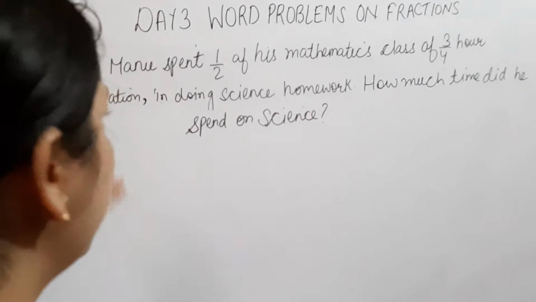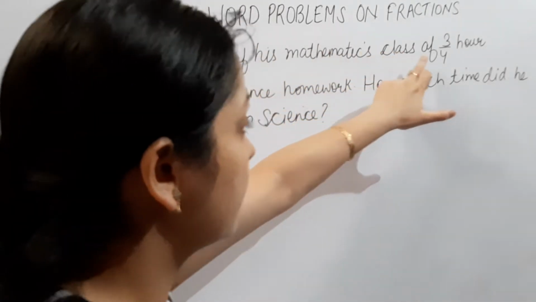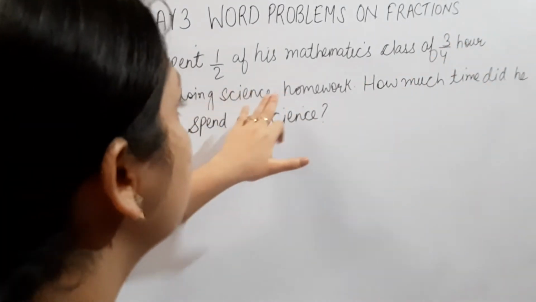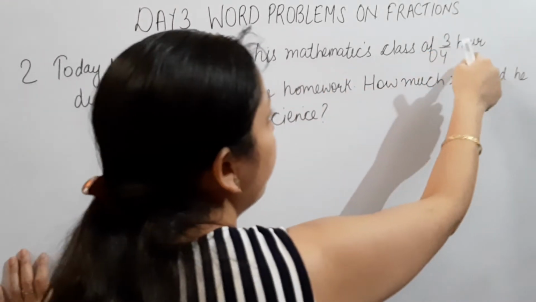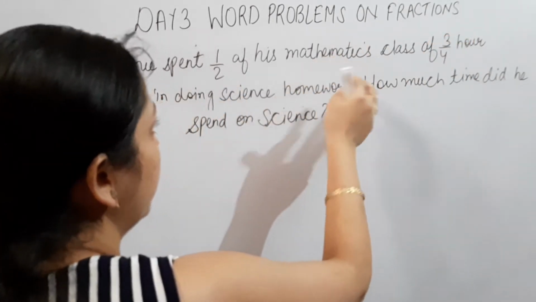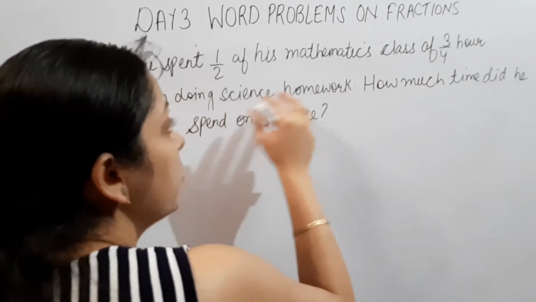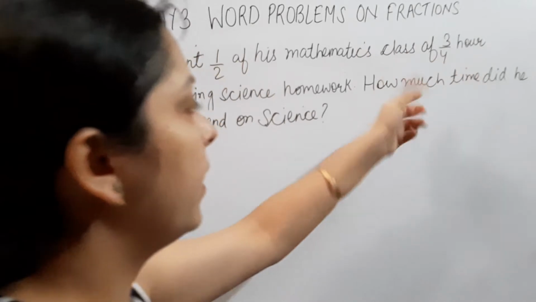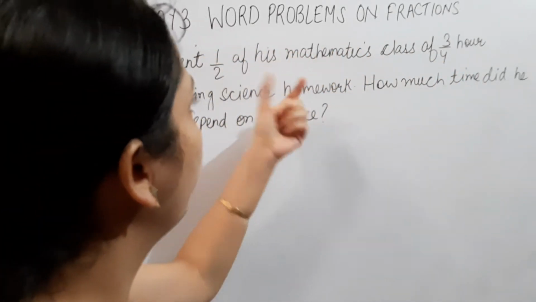See what the question says. Manu spent half of his mathematics class of 3 by 4 hour duration in doing science homework. See, duration of mathematics class is 3 by 4 hour, and of which he did half of his mathematics class, he did science homework. Total duration of the class is this, and among this he did science homework half of it.